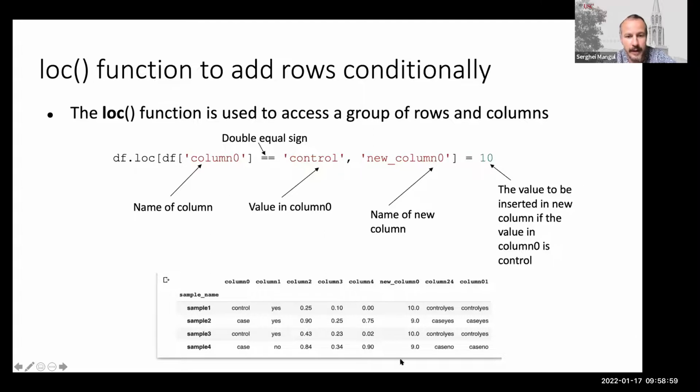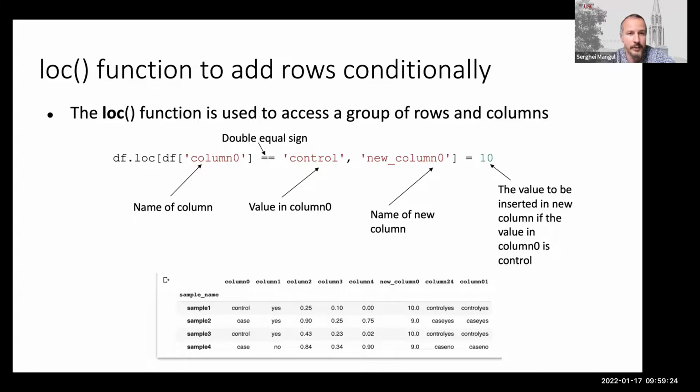This is control, case, control, case. Two possibilities, either control or case. So you say if elements from column 0 are equal to control, then add the new column called new column 0 and put 10 there.